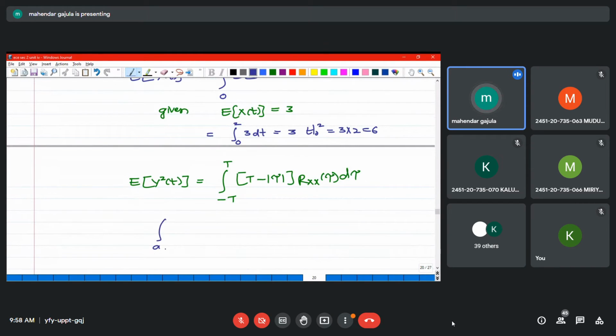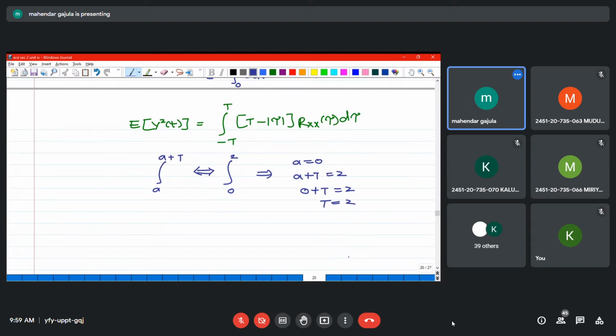Let us compare with the integration from a to a plus t; in the question, what is given? Integration from 0 to t. On comparing this, we know that a equals 0 and a plus t equals 2, so T is 2.